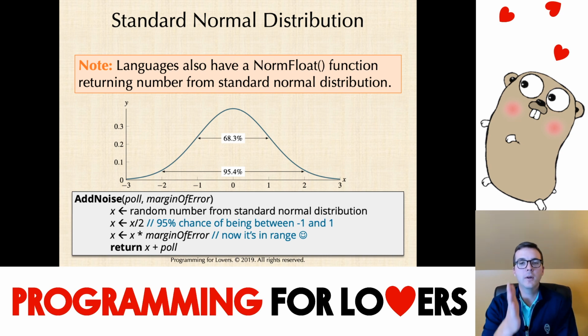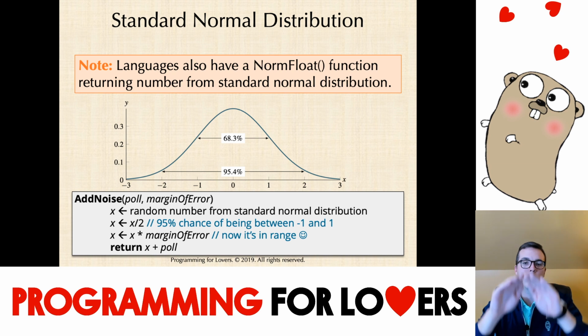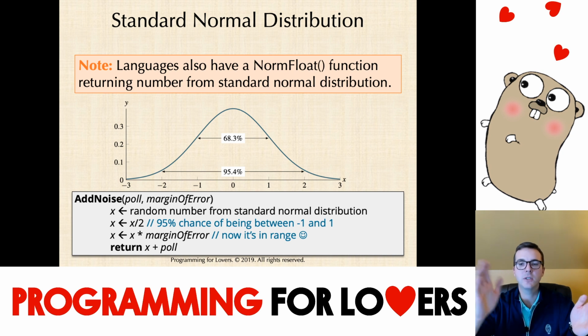So standard normal is centered at 0, and so it will go out from negative infinity to infinity with a 68.3% chance of the number that we produce being between negative 1 and 1, approximately 95% chance of being between negative 2 and 2, and everything diminishes from there.